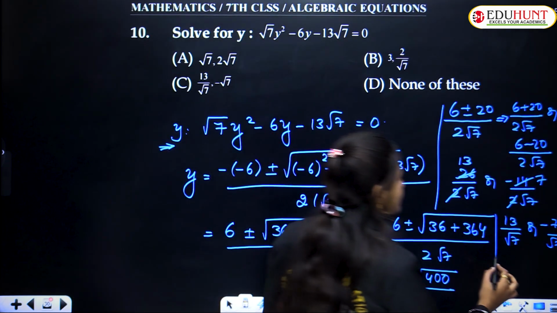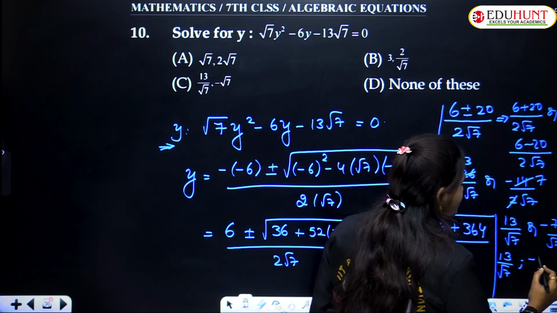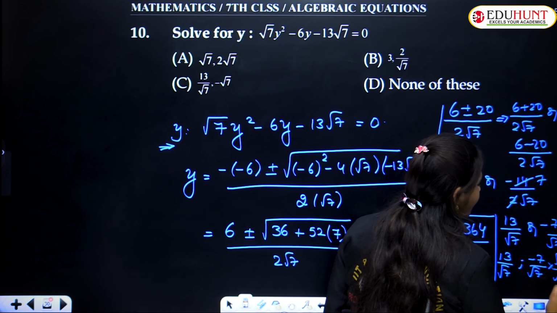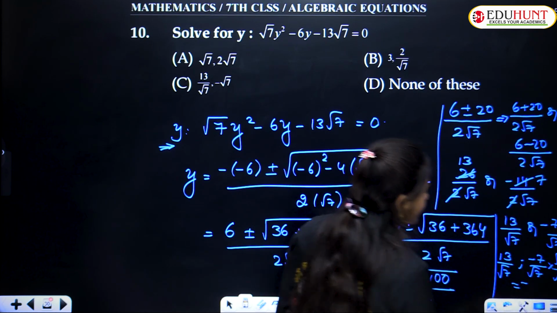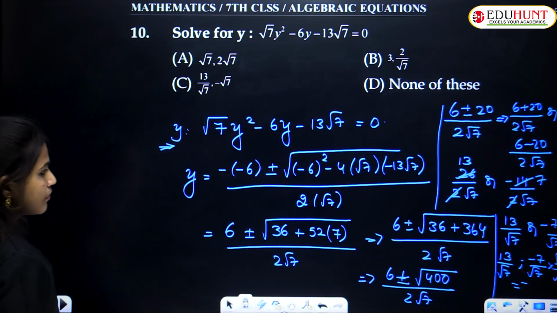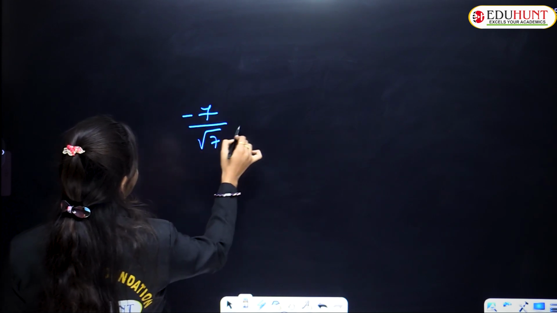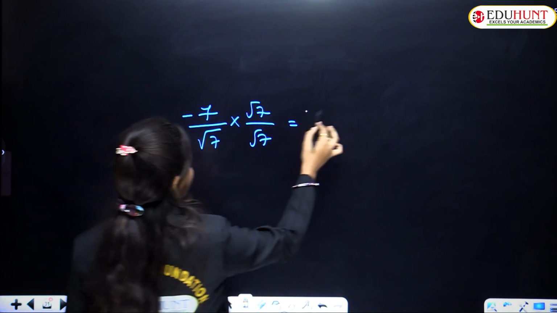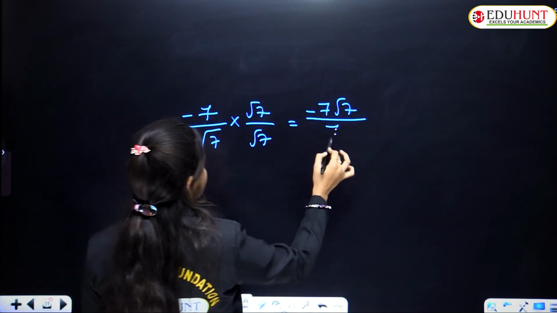How will it be? See, 13 by root 7, and the next one is minus 7 by root 7. So this one should be multiplied and divided by root 7. So here minus 7 by root 7 into root 7 by root 7, which is equal to minus 7 root 7 whole by root 7 into root 7, which is equal to 7.